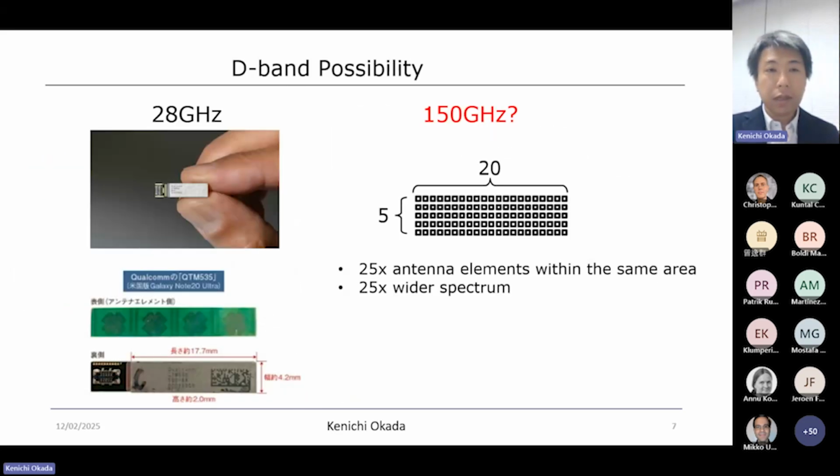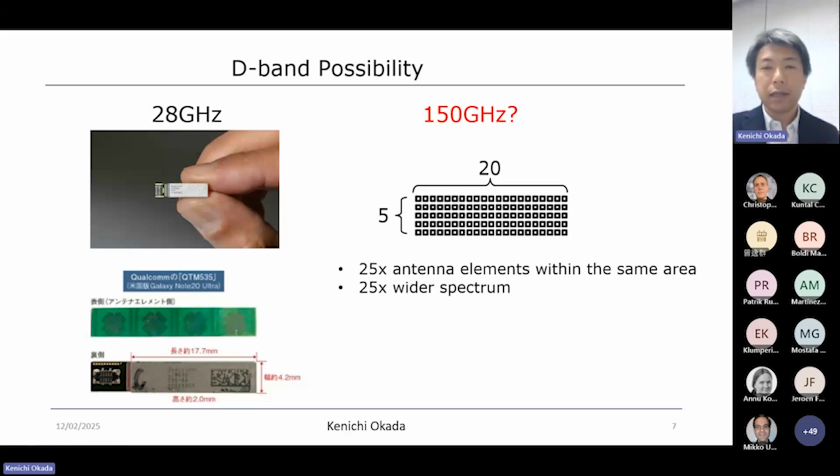Then, for example, this 28 gigahertz module has a roughly 20 by 5 millimeter size. On the other hand, if we think about 150 gigahertz, the carrier frequency becomes 5 times higher, and the wavelength becomes 5 times shorter.